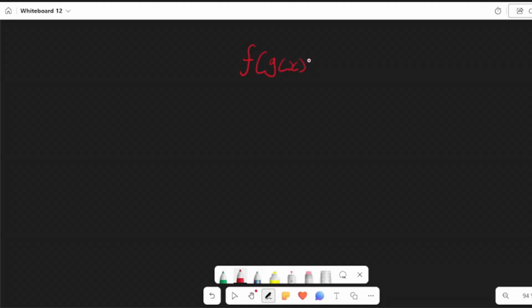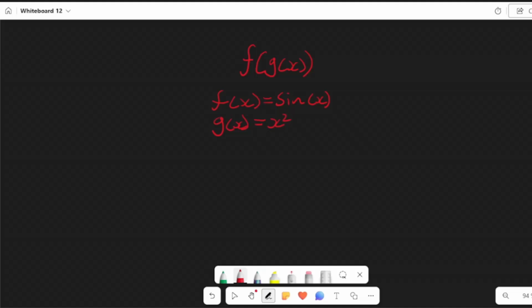So here we have, for example, f of g of x. If we let f of x be equal to sine of x, and we let g of x, which is our inside function, be x squared, then f of g of x will essentially be replacing our x here with g of x.